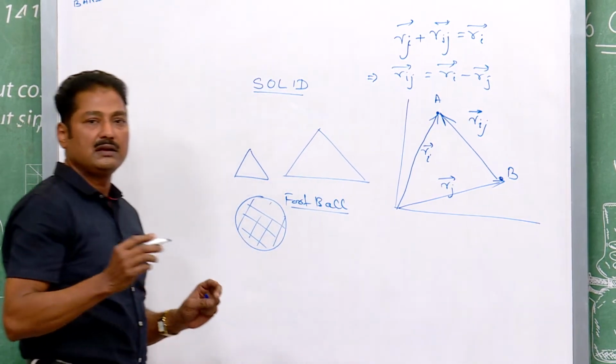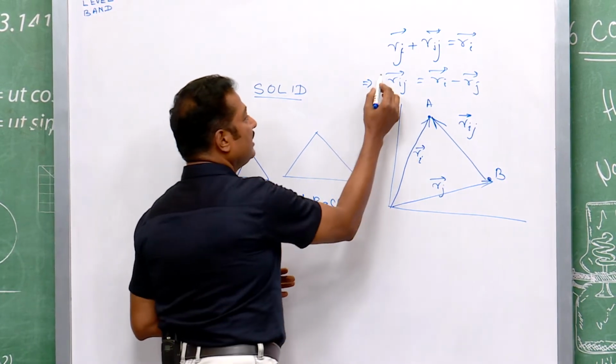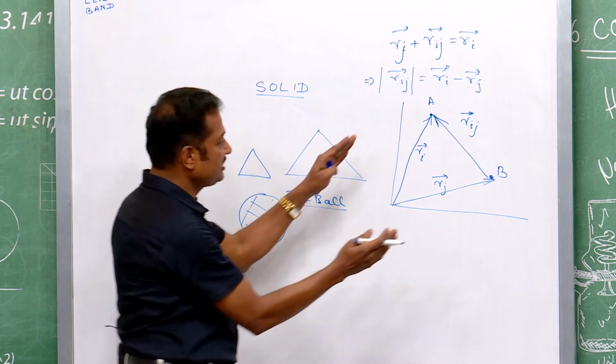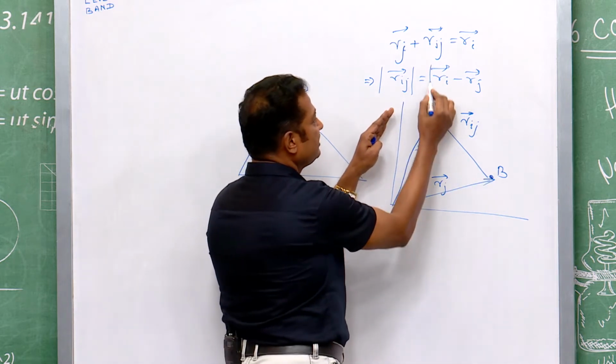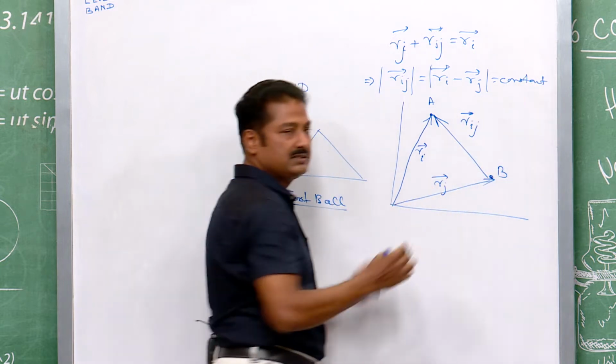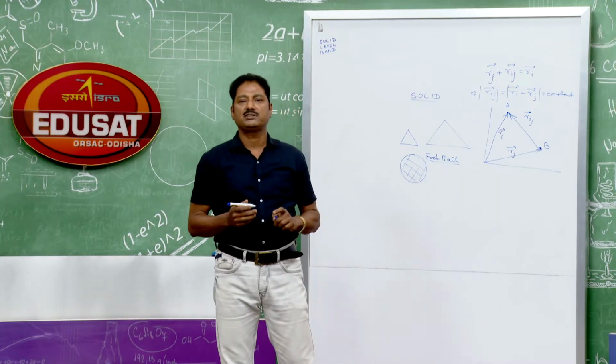So, if I take the distance between A and B in a solid, that means the modulus of R ij, this distance is constant. This is the mathematical interpretation of a solid.